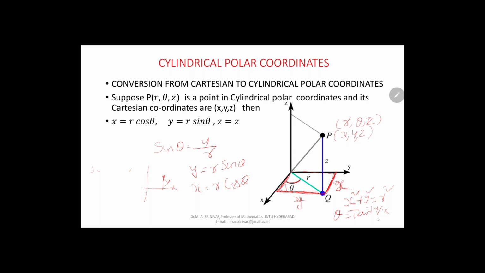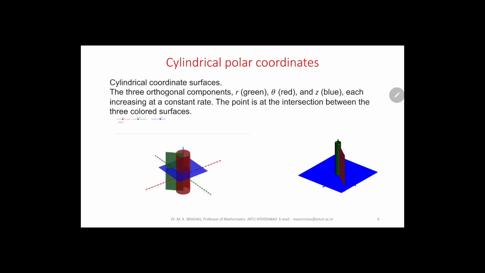So this is conversion from Cartesian to polar. If you know the Cartesian coordinates, you can find the polar coordinates: r is root x square plus y square, theta is tan inverse y by x, z is equal to z. But if you know theta and r, x is r cos theta, y is r sin theta, and z is z. So this is about the cylindrical polar coordinates.